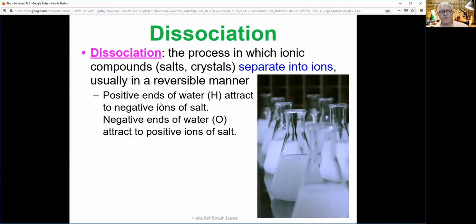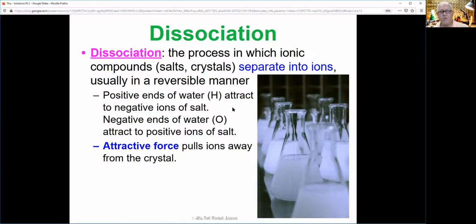So in the ionic compound, the positive ends of water, of the H, attract to the negative ions of the salt. And the negative ends of the water attract to the positive ions of the salt. And this attractive force pulls the ions away from the crystal, being the solute.